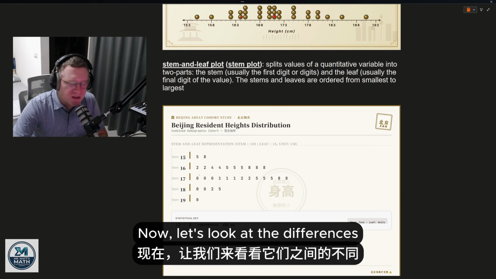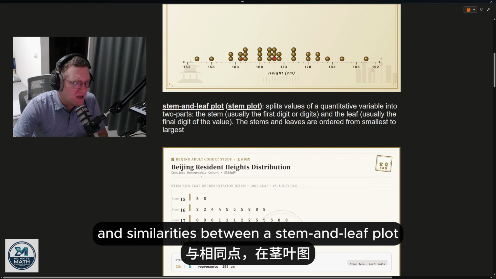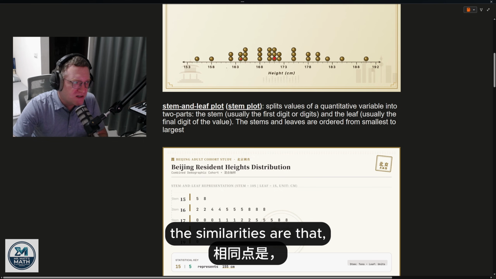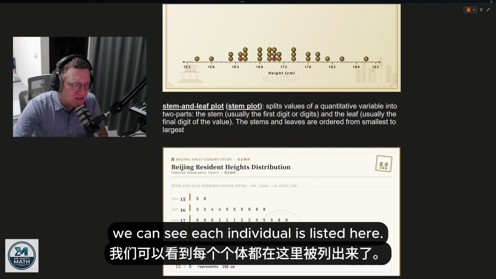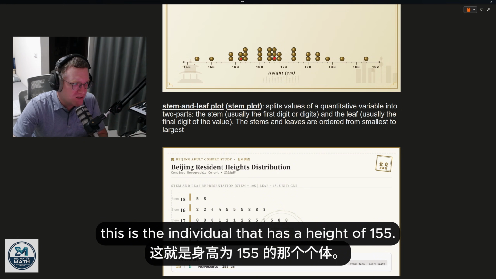Now, let's look at the differences and similarities between a stem and leaf plot and our dot plot. The similarity is that we can see each individual listed here. For example, this is the individual that has a height of 155.